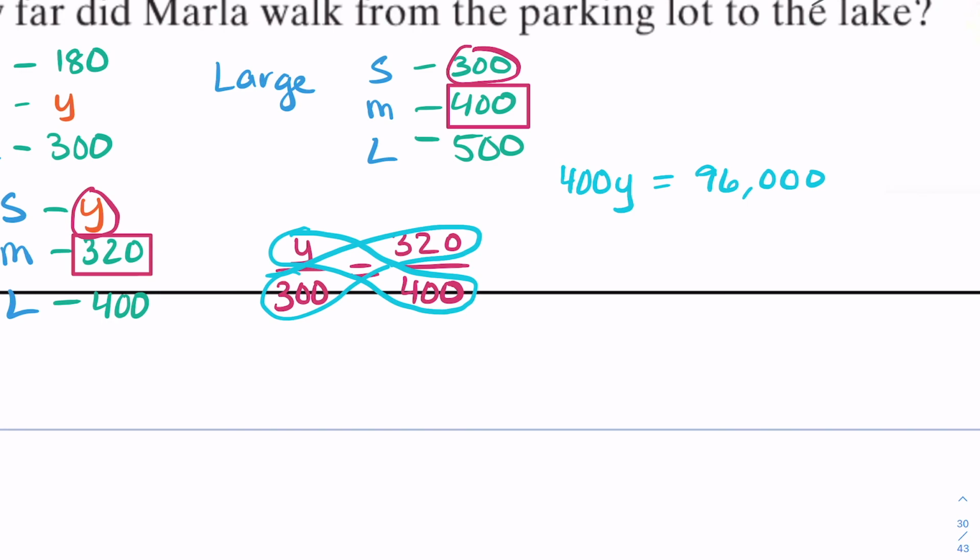So divided by 400, we get y. Why is this pencil doing that? Hold on.